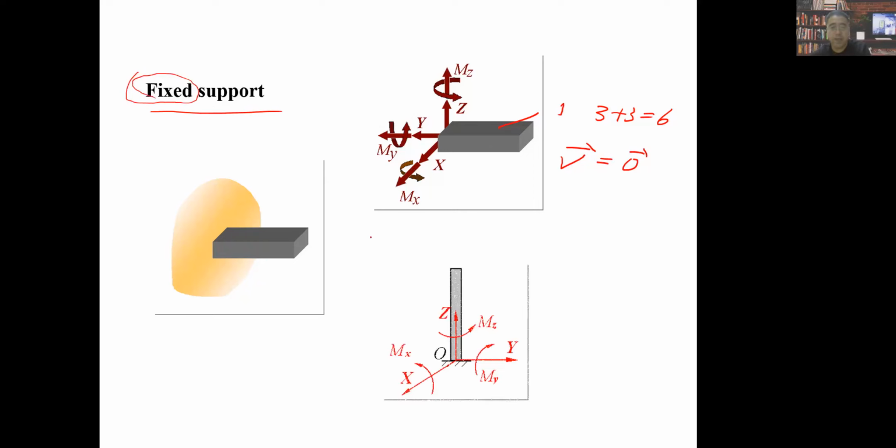So this is one. But we can also draw like this. Because six capable of movement are all restricted, then it will have six kinds of reaction force.